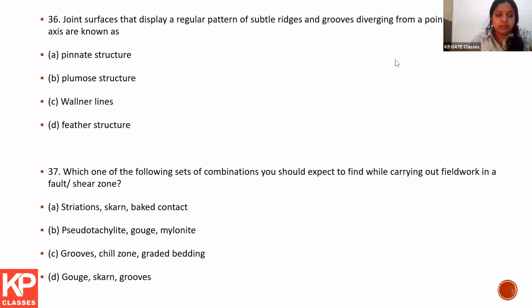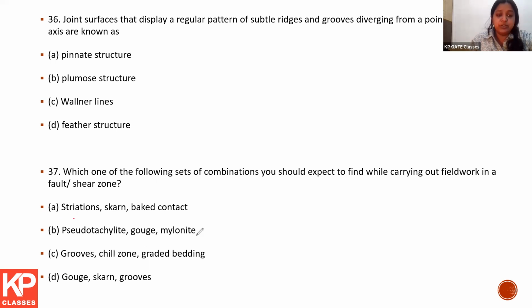Next question. Which one of the following sets of combinations would you expect to find while carrying out fieldwork in a fault or shear zone? So in a fault zone, we get striation, skarn, baked contact. The fault will have striations, but skarn is metasomatic.